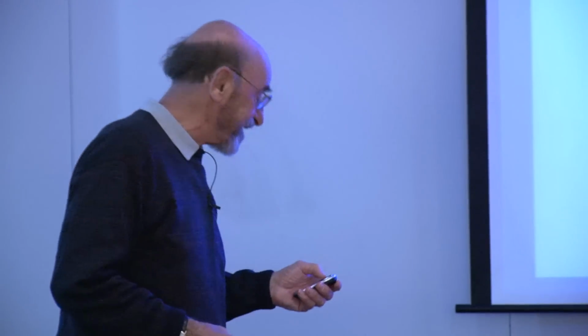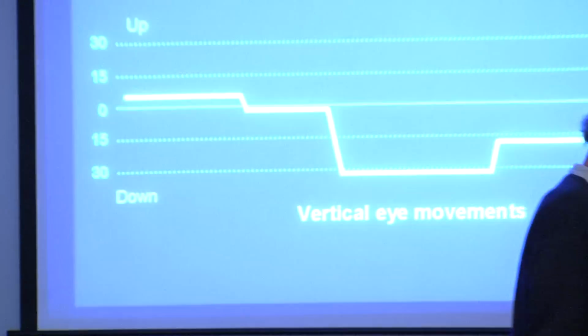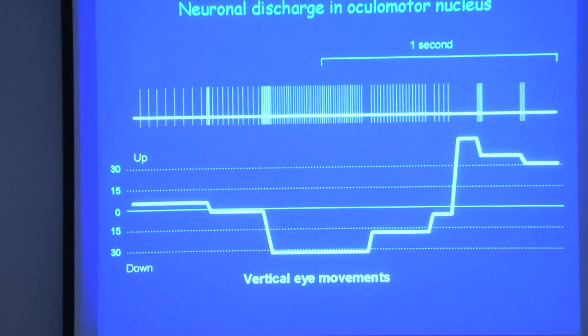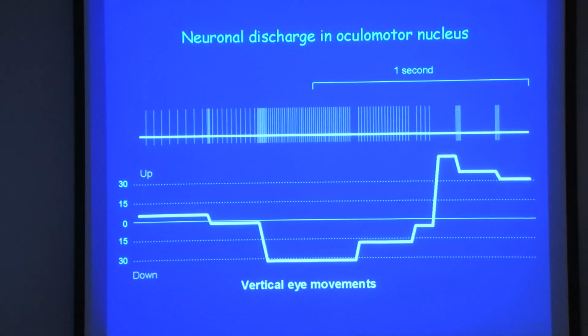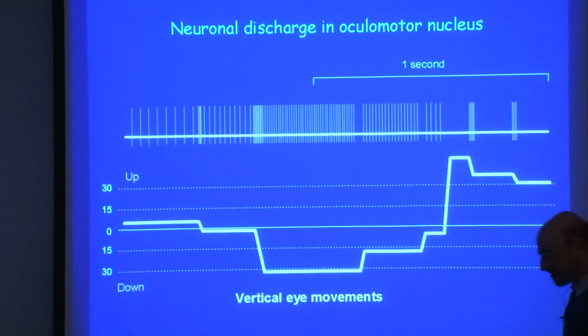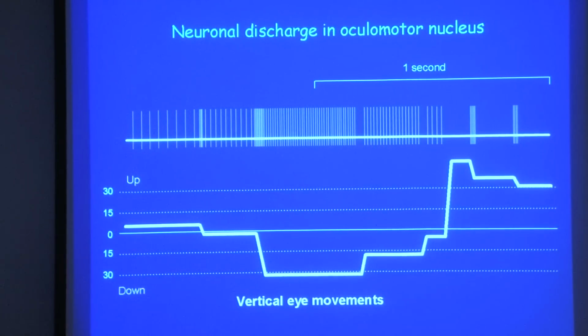All right, so anyway, we can move on now and see how these neurons that innervate the muscles, that's often referred to as a final common path, how they operate. Actually, that underwent quite a bit of debate for a long, long time.